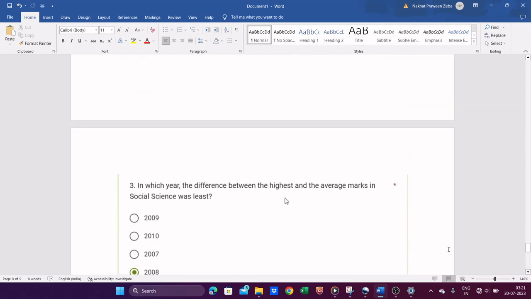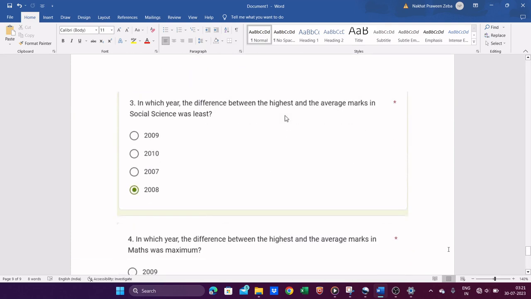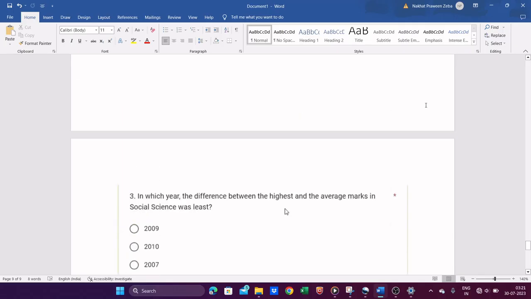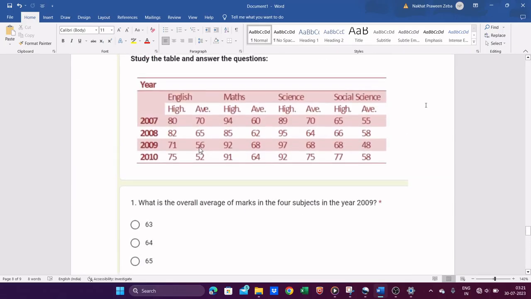Okay, so this was question number 2. Now question number 3 is, in which year was the difference between the highest and the average marks in social science least? So now you need to focus on social science, but in all the years. In social science you can see highest and average values are given.